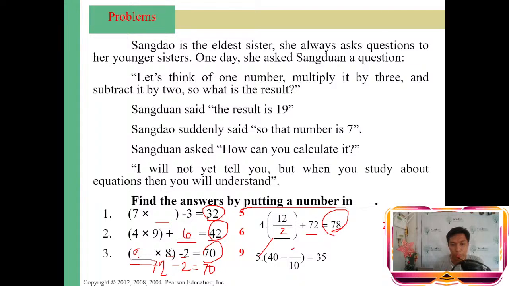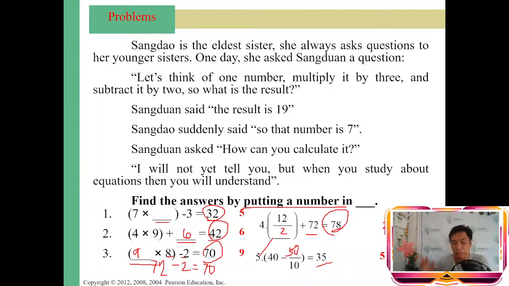What number can we put here so that it minus 40, divided by 10, equals 35? We got 50. 50 divided by 10 equals 5, and 40 minus 5 equals 35. So this one is 50. Very simple as that.